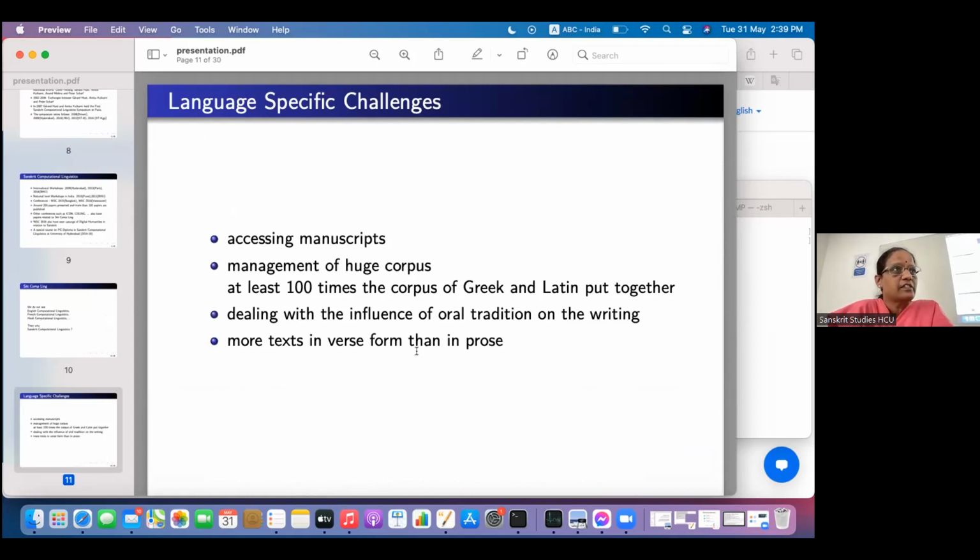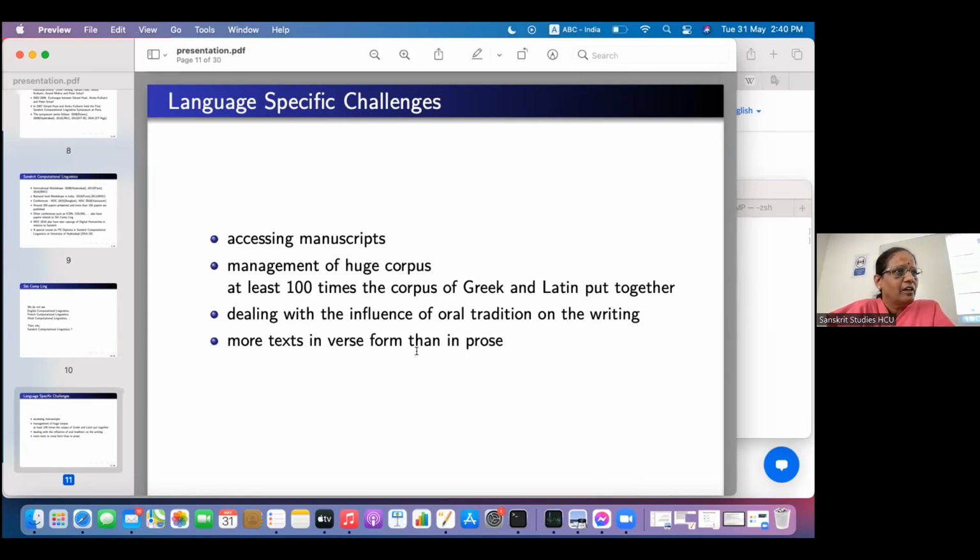First, of course, is accessing manuscripts and managing a huge corpus, which is at least 100 times the corpus of Greek and Latin put together in terms of manuscripts. Then we also have to deal with the influence of oral tradition on writing, and there is more text in verse form than in prose.